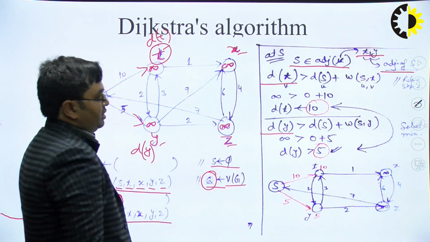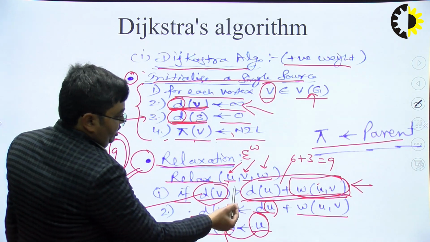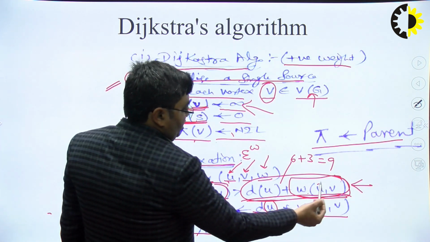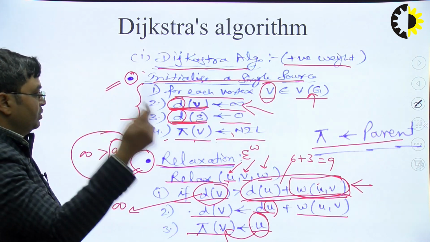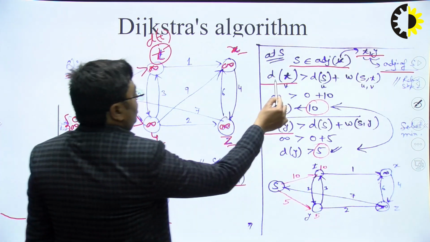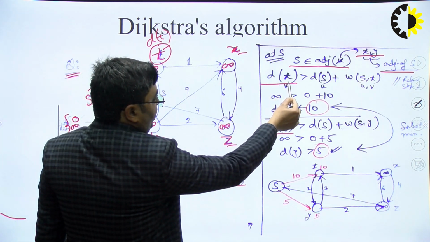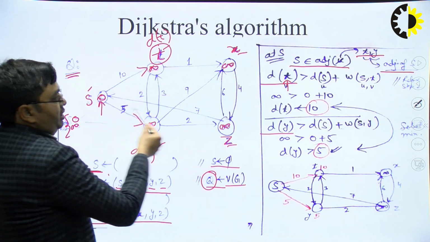The formula is again the same. We check whether dv is greater than or equal to du plus the weight of the edge.